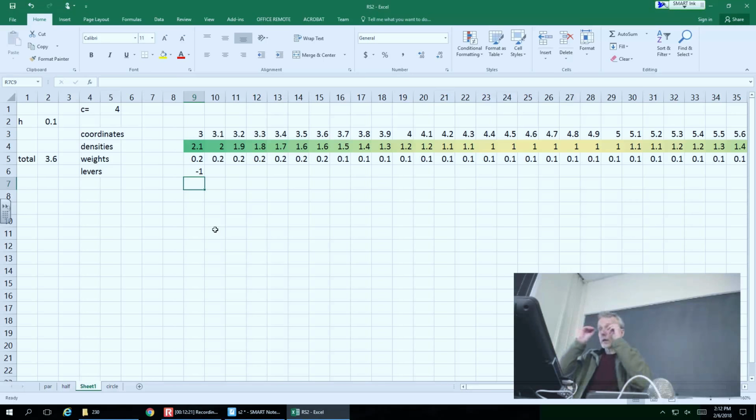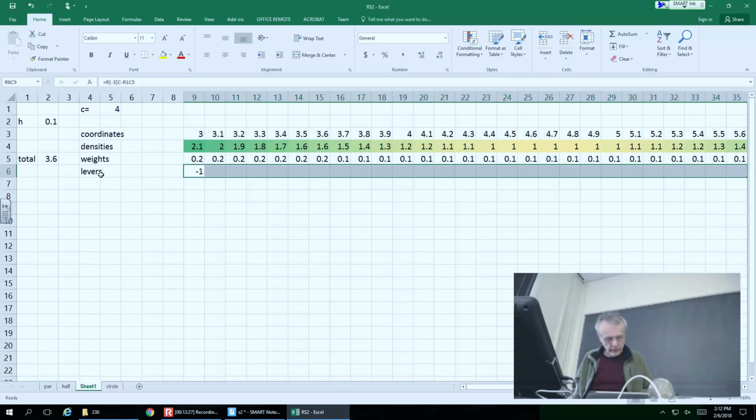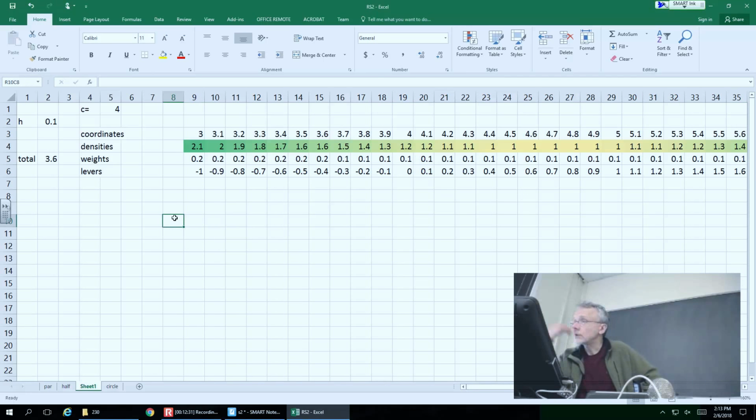Then I spread it out again. So these are my levers. Negative up to 4. At 4, naturally, you have 0 lever. And the rest are positive levers. So what's the next one? The moments.